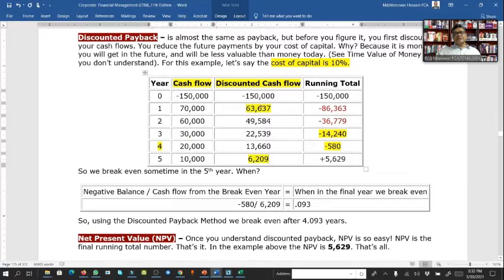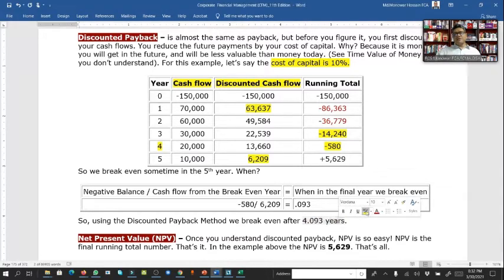because 4 is the figure, and in year 5 it is more than 580 because here the discounted cash flow is 6,209, so positive 5,629. How do we calculate it?